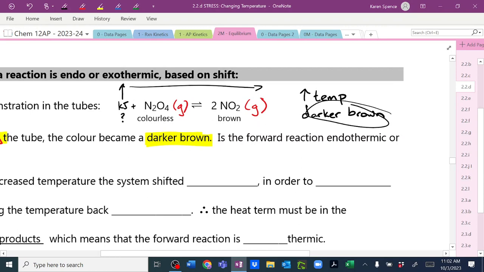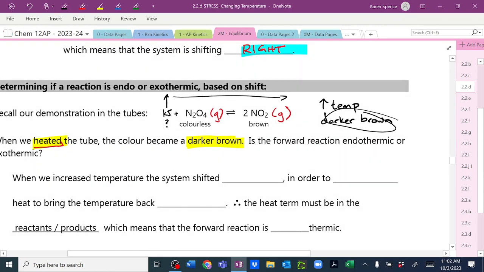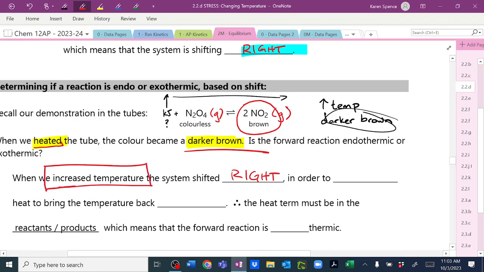Okay, when we increase the temperature, the system shifted to which way? It became darker brown, so it shifted to the right. So in terms of Le Chatelier, we increase the temperature, therefore do we want to absorb heat or release heat?